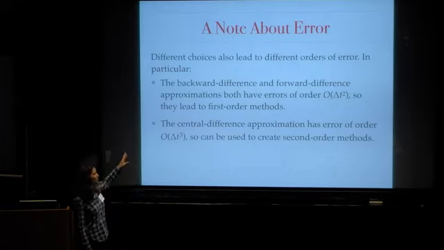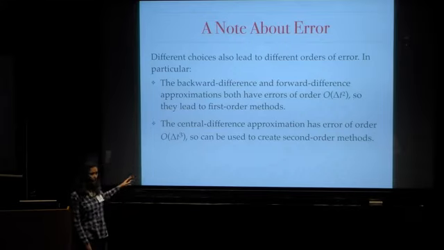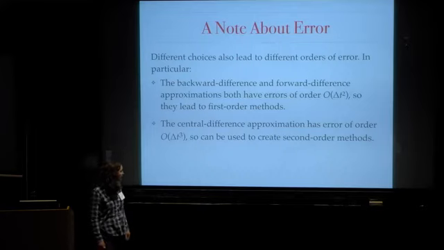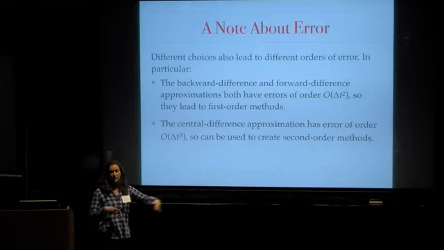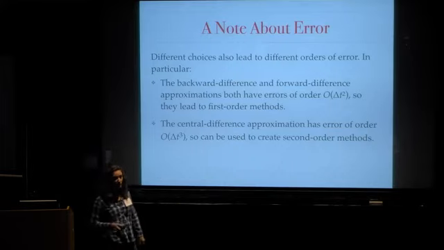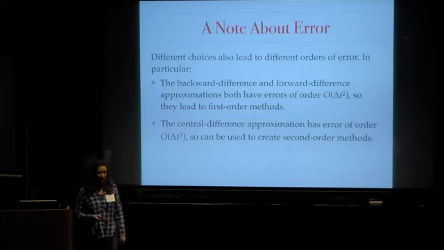And so both of those, we would say, lead to first order methods. The central difference approximation, on the other hand, has errors that are of order delta t cubed, and so you can often use a central difference if you want to define a second order accurate method. And often in numerical hydrodynamics, we prefer at least second order methods, especially in time.